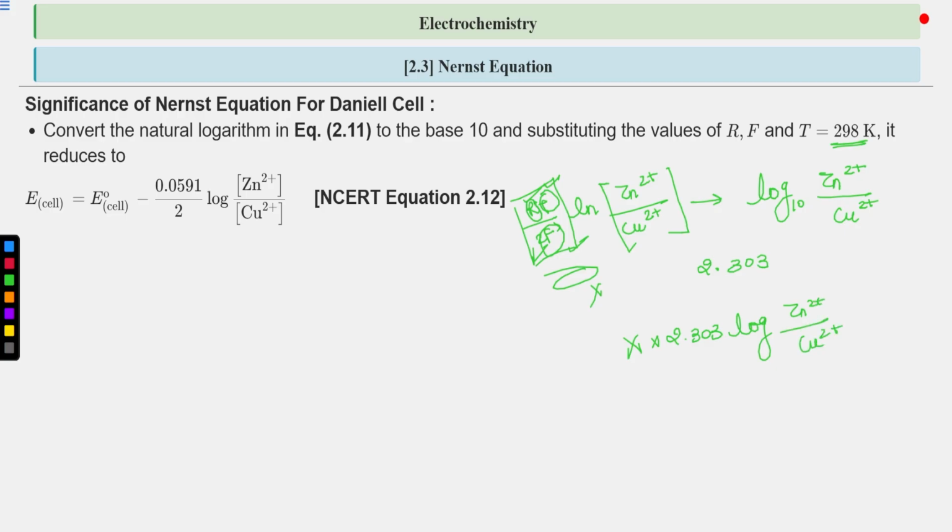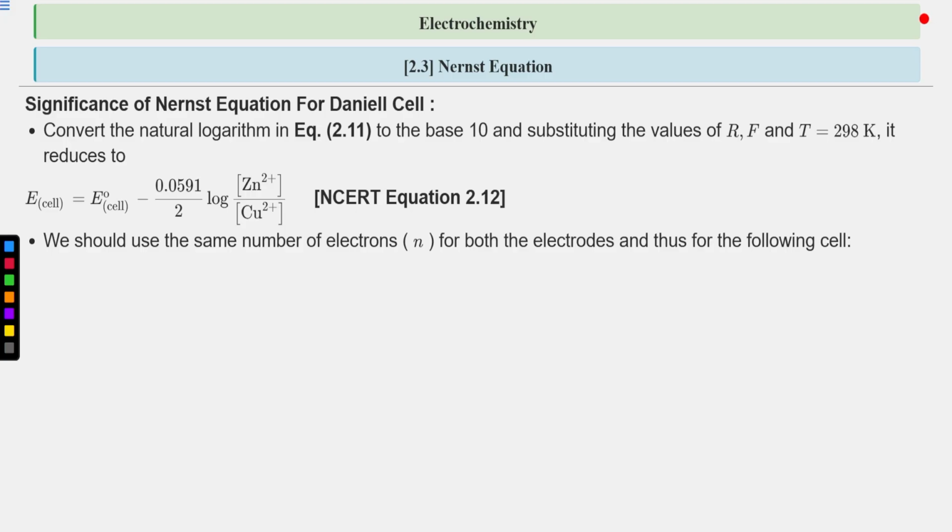This is nothing but 0.0591 by 2 coming in this place, x times 2.303. So the cell potential can also be written as E naught of cell, the standard potential of cell, minus 0.0591 by 2 log of zinc 2 plus upon copper 2 plus. This is the NCERT equation marked as 2.12 in our NCERT textbook.